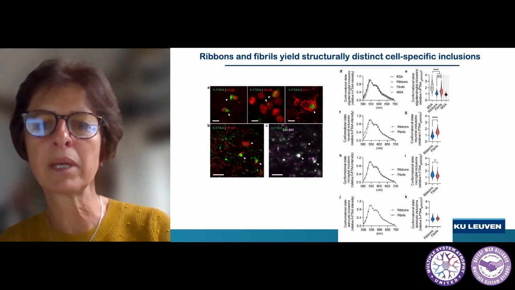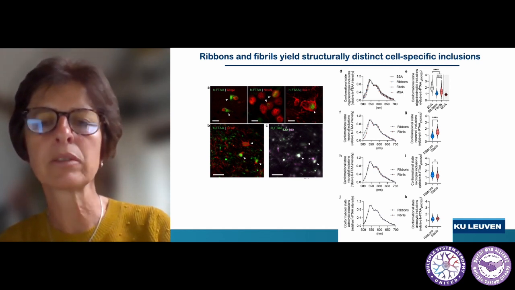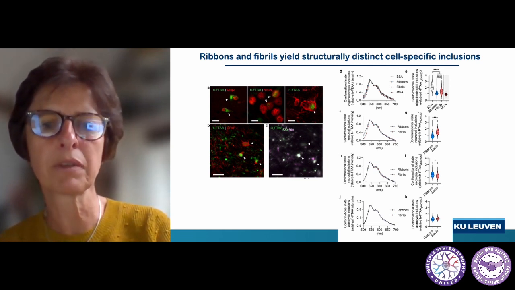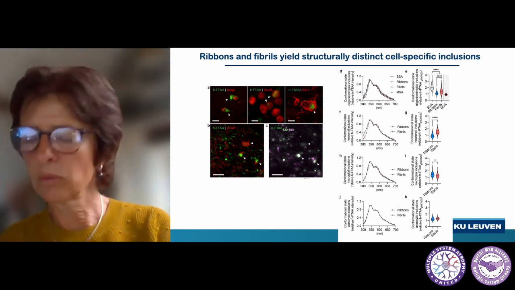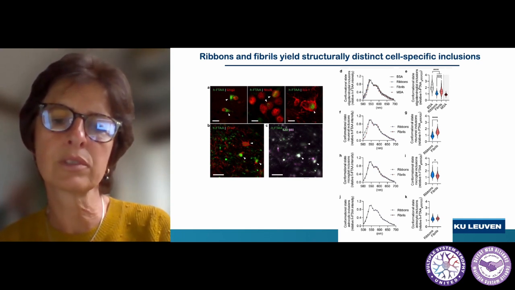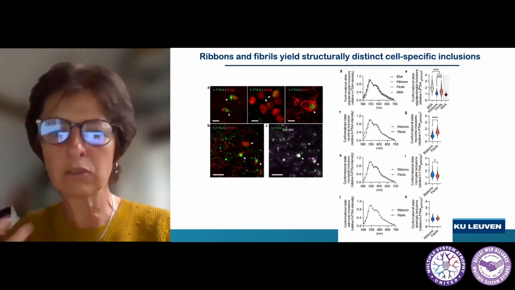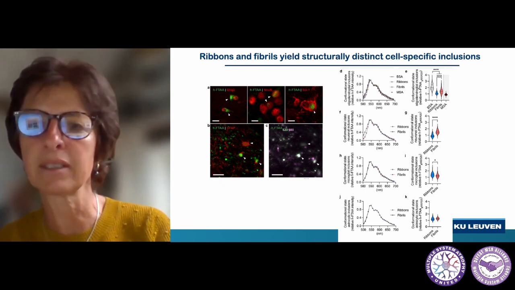This spectral analysis will give some information on the specific structure of the strains in these sections. We could do this for the different cell types: oligodendrocytes, neurons, microglia, and astrocytes. So you get spectrum information on the structure of the inclusions in these different cell types.